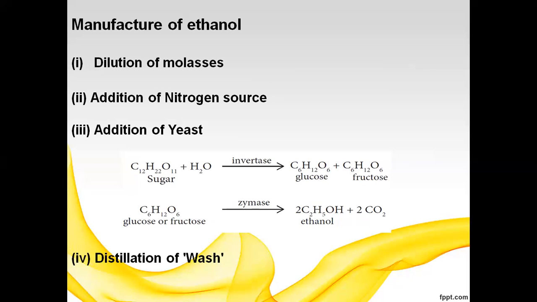So this mixture is then refluxed over quicklime for about 12 hours or 5 to 6 hours. Then it is distilled. We have pure alcohol, 100% pure alcohol. So this is absolute alcohol.